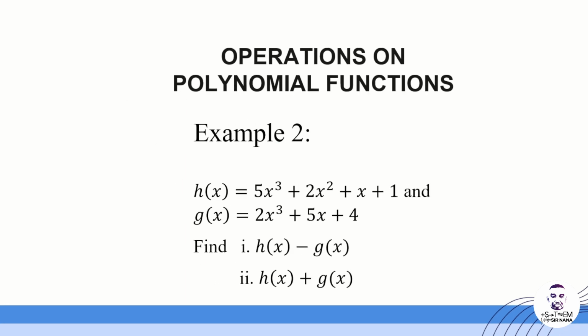So in this example 2, it says that h of x is equal to 5x cubed plus 2x squared plus x plus 1, and g of x is equal to 2x cubed plus 5x plus 4, right? We have to find h of x minus g of x, and then we have to find h of x plus g of x.